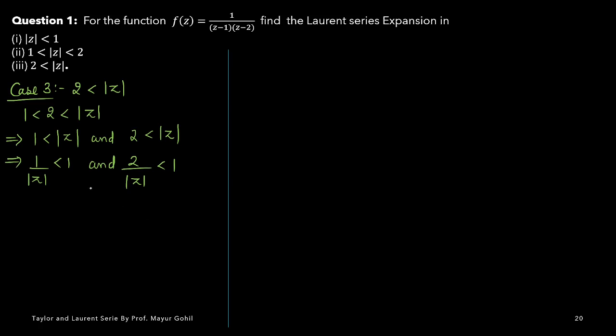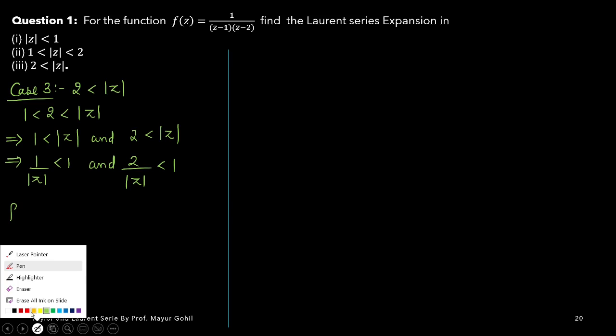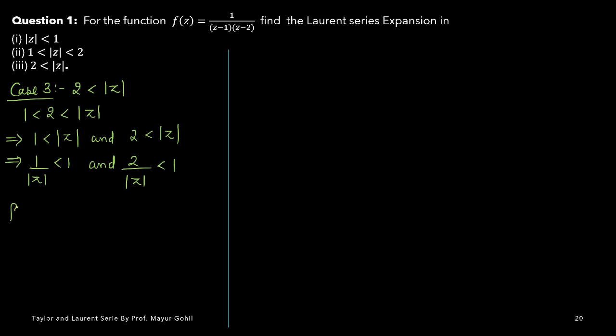Now in our partial fraction that we had derived, f of z, which is minus of 1 over z minus 1 plus 1 over z minus 2.